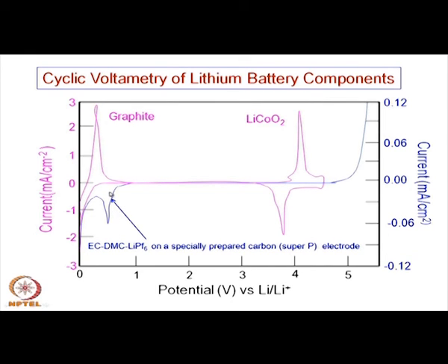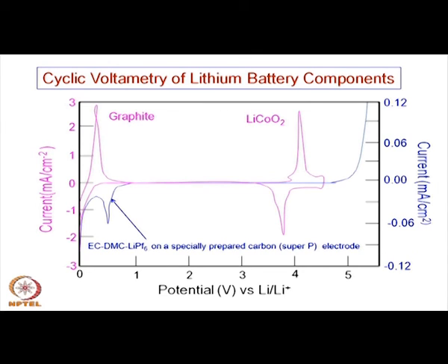One can see that in the voltage range of 4 volts there is some kind of decomposition reaction. In fact, lithium cobaltite and graphite, both of them are not fully stable in this kind of voltage range.